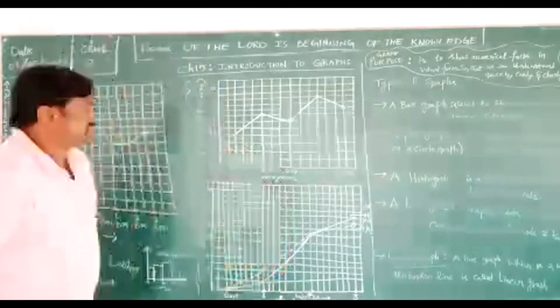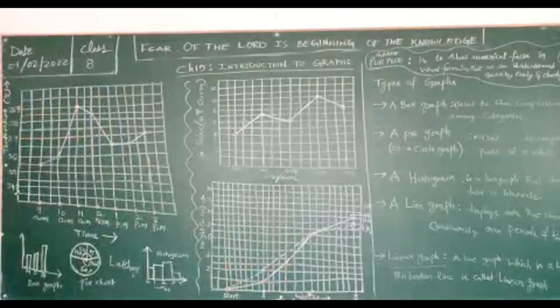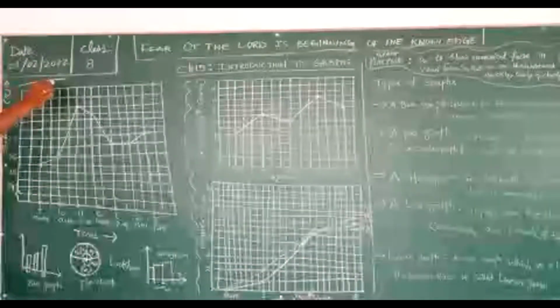Now let's start our exercise number 15.1. Linear graph means it is very simple. It is just like a straight line which is unbroken.